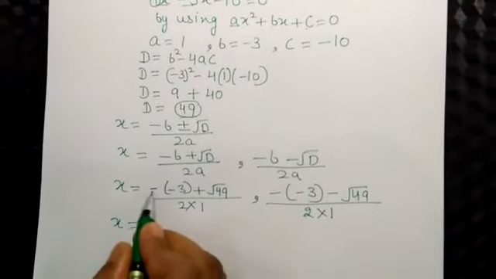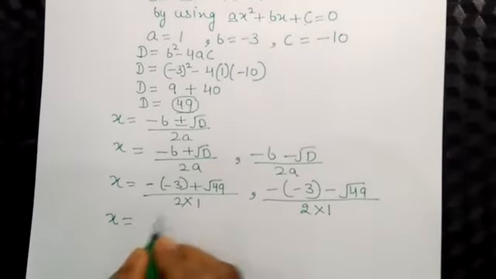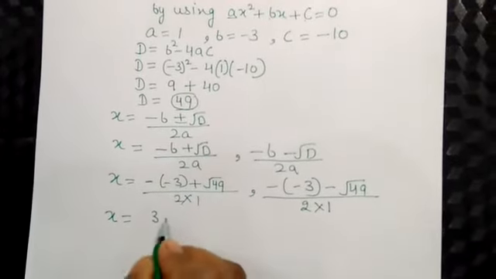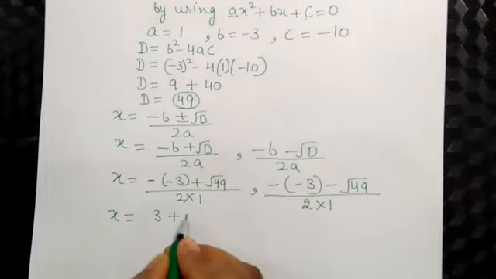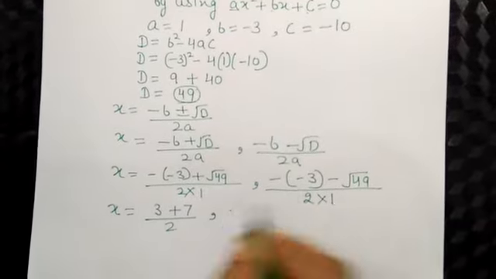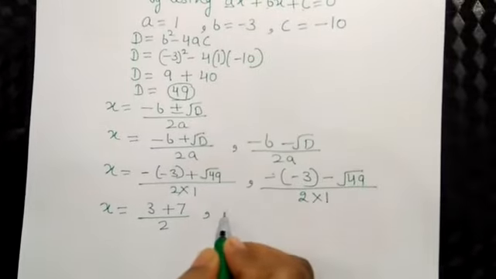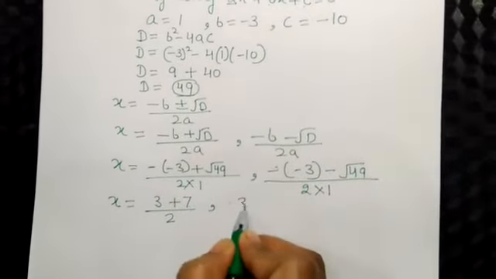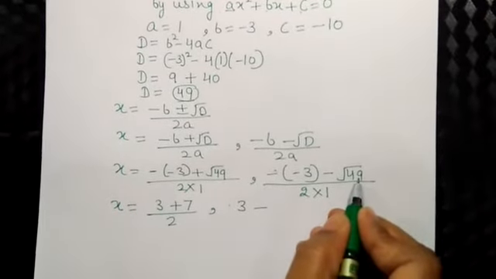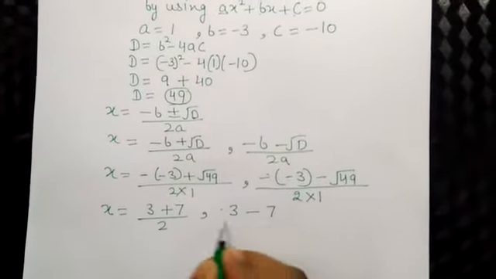Now in x, minus minus will convert into plus, so no need to put any sign. Here it is 3 plus root 49 is 7, 2 ones are 2. In the second, minus minus is plus again, so it is only 3, and here is minus root 49 is 7, 2 ones are 2.